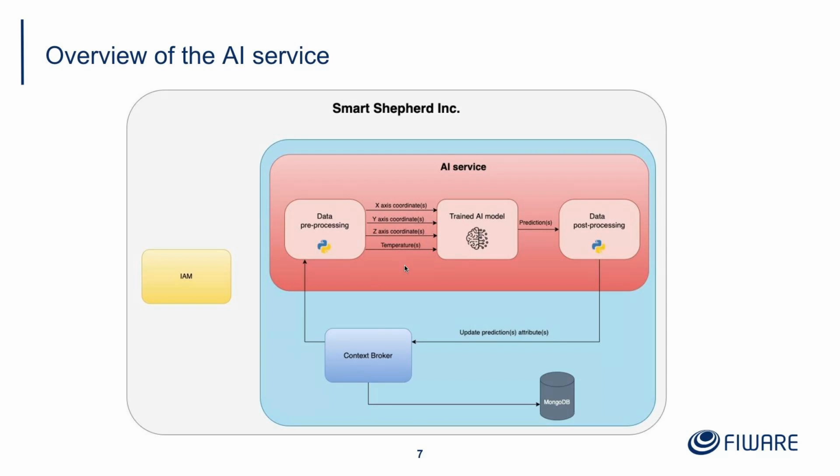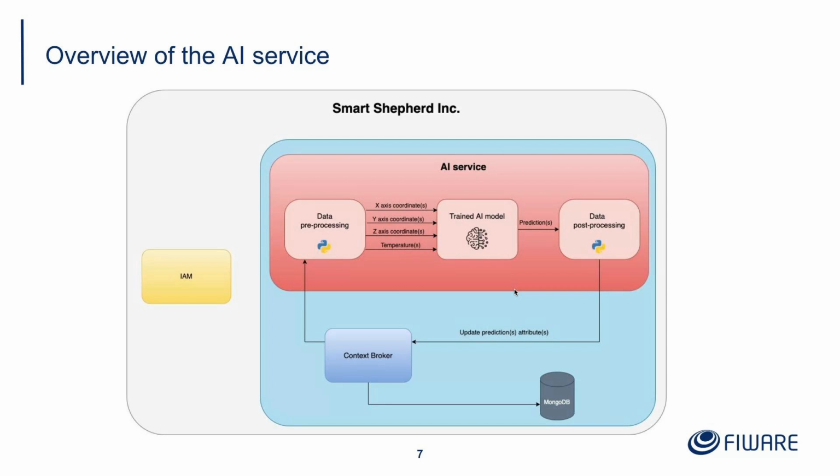Once that step is done, we trigger the inference with our pre-trained model to get the predictions. Then we have a post-processing phase to transform the prediction result, or the output of the trained model, to, again, NGSILD format so that we can update the prediction attribute, which is animal activity in this case, in the context broker of Smart Shepherd. So this is a high-level overview of the AI service.